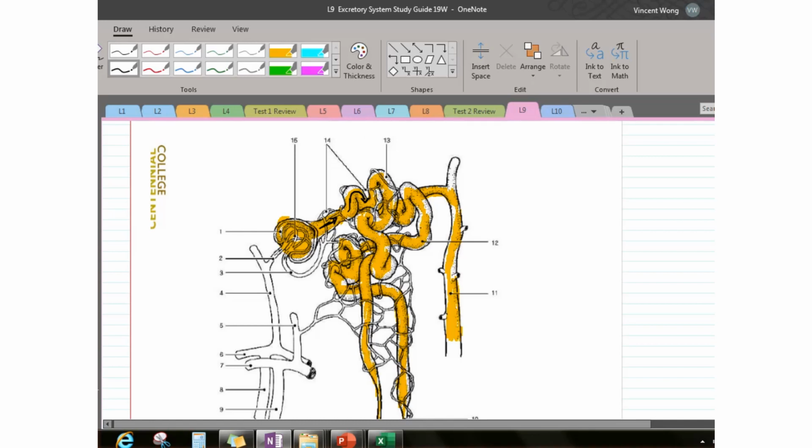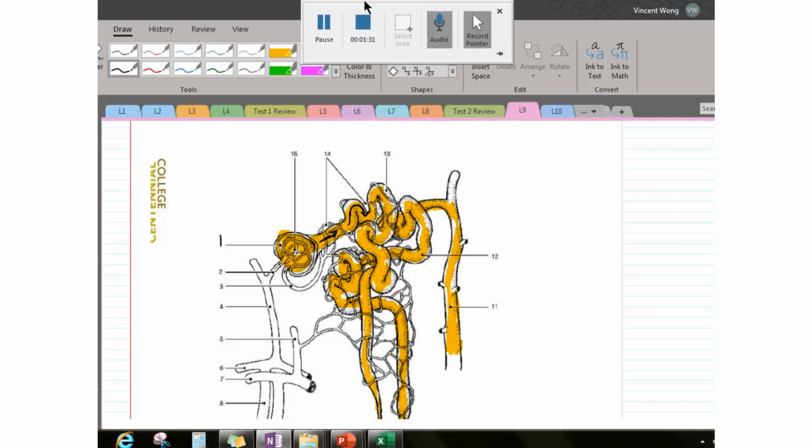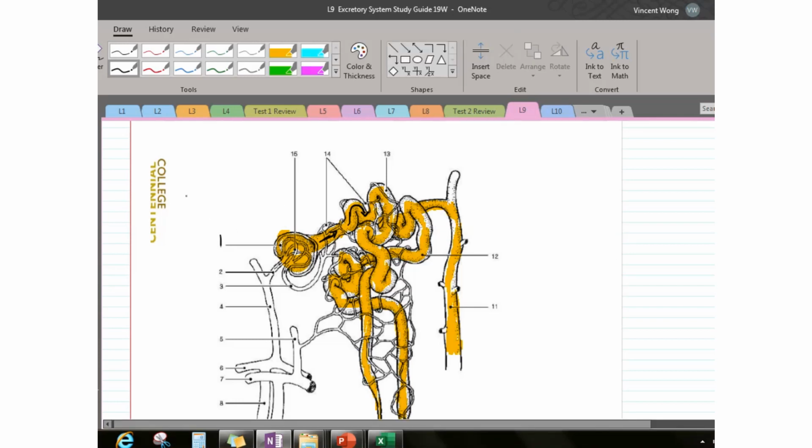Okay, so number one is part of our nephron. That is the Bowman's capsule. Okay, from that we are going to go into the next part here, number 13, which is your proximal tubule.